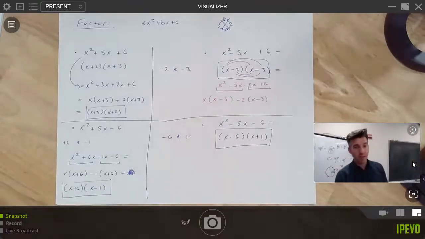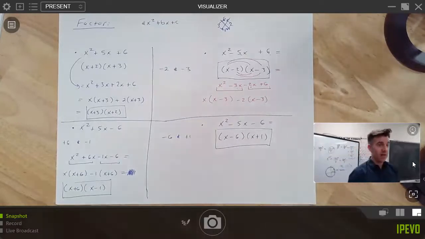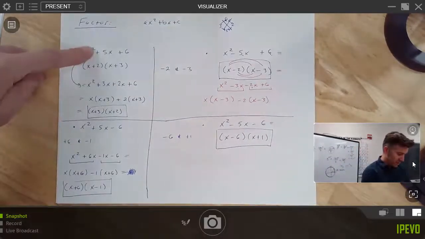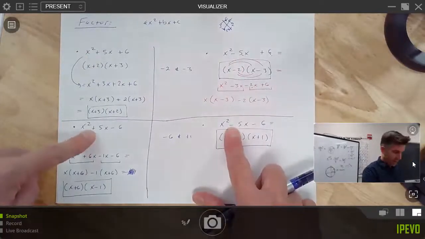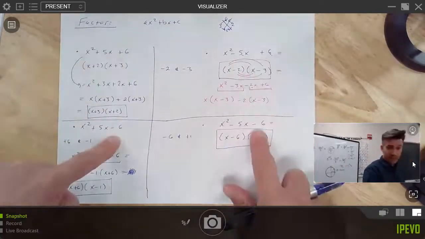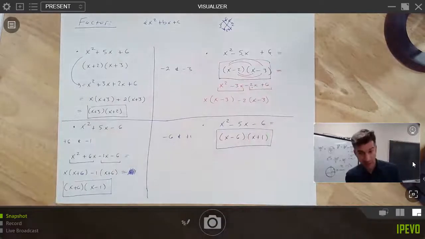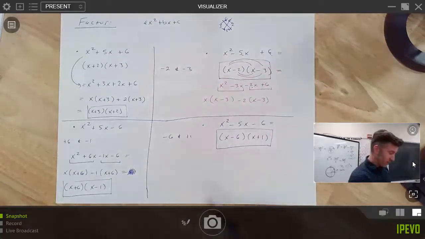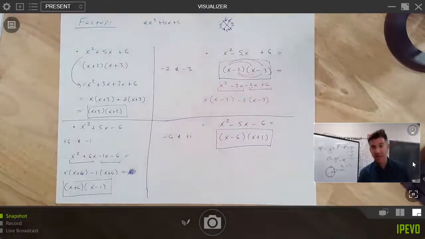And what I want to mention with these 4 examples specifically, because they come up frequently, is that whenever you have x squared plus or minus 5x plus or minus 6, it always factors. And it always factors in one of these 4 ways. But it can be easy to accidentally get the wrong one.